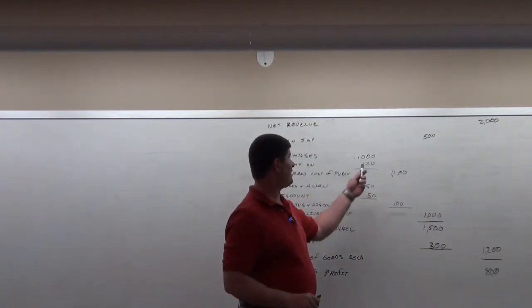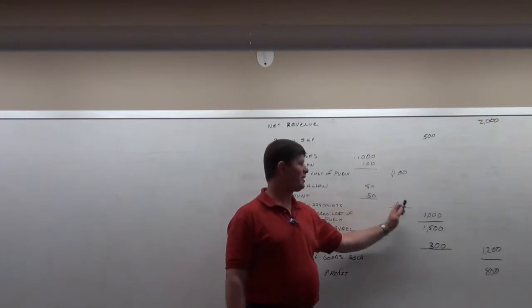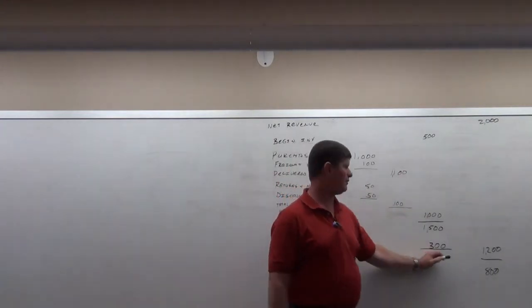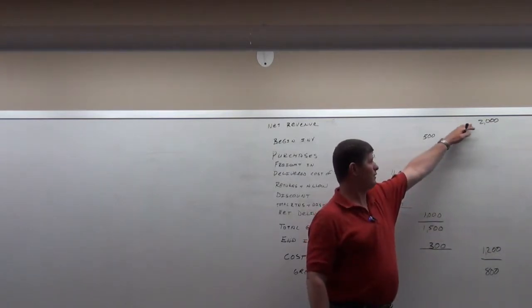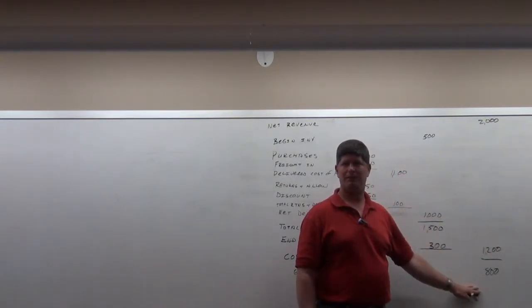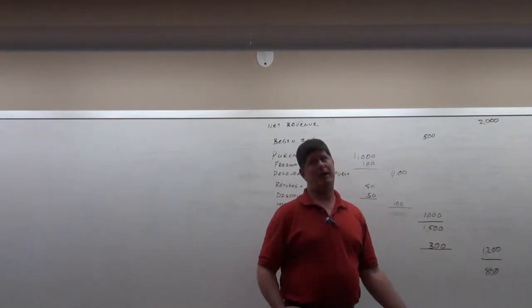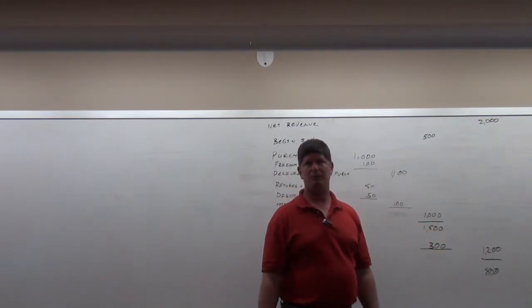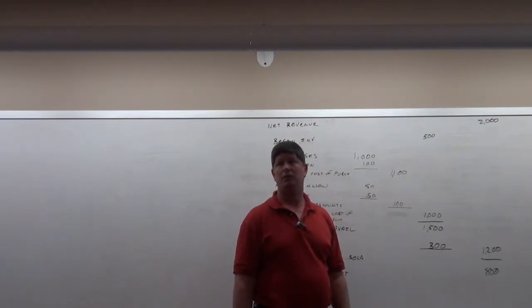Okay? So notice as I did this, I indented and I brought subtotals out, and I brought subtotals out, and I brought subtotals out again. So you can see where I'm totaling this and this to get the next number. 1, 2, 3, 4. Four is a lot of columns deep, but you kind of end up being at least 3 or 4 deep when you're doing cost of goods sold.